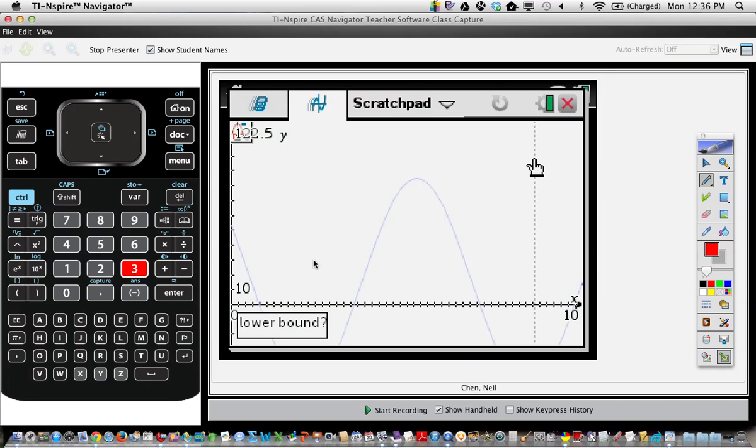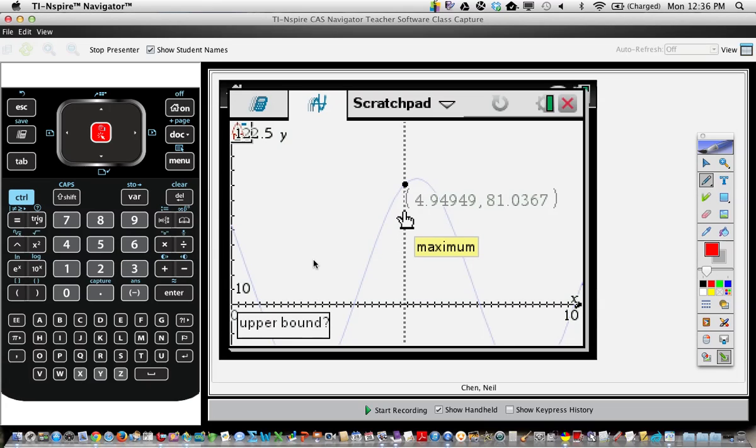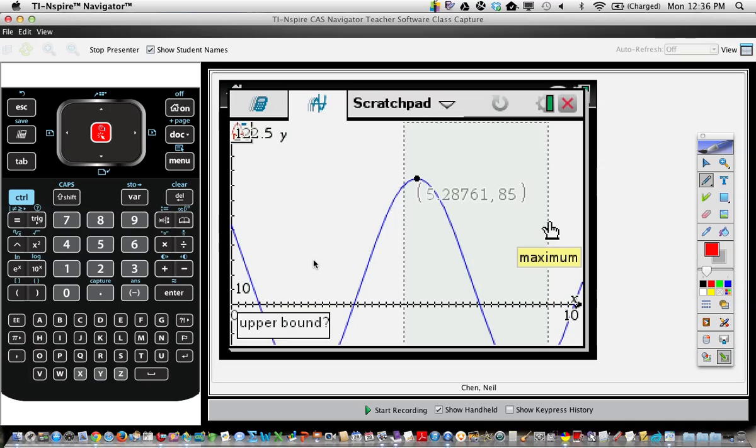So just hit your left arrow or use your trackpad to get this dotted line to the left of that max. Right there is fine. And hit enter. And then you want to go to the right. You can just arrow to the right or use your trackpad, either one. You don't want to go quite that far. You just want to get just barely right of it.